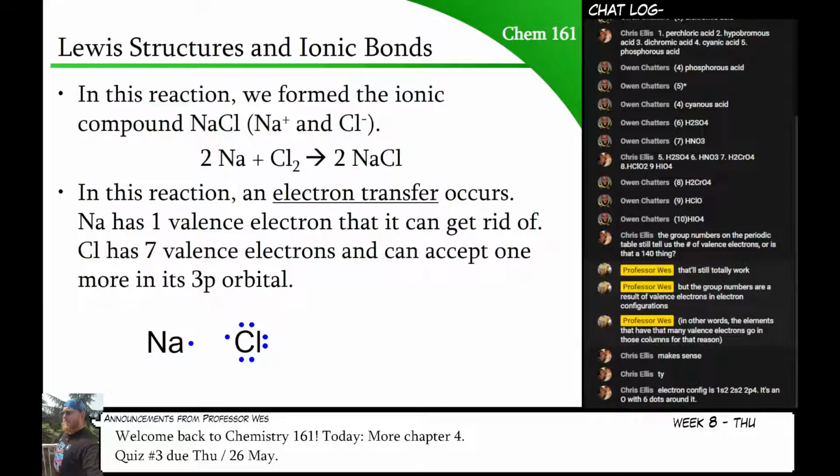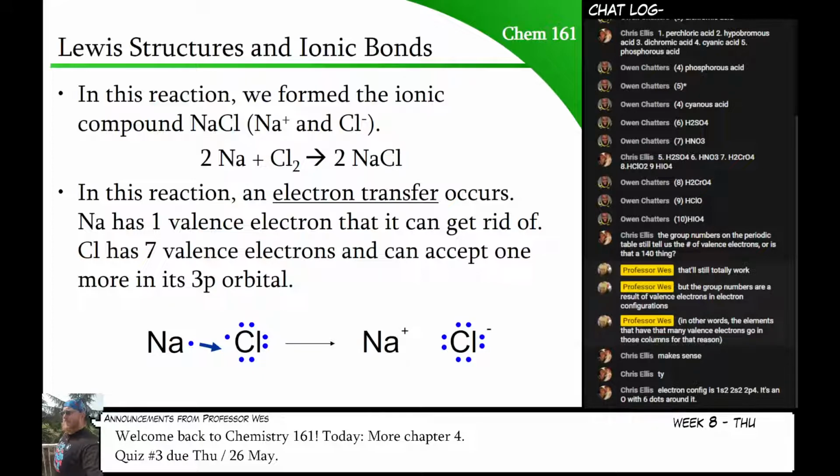And the way that I do this is, I simply move this electron over. Sodium only has one valence electron. It doesn't want it. Chlorine has 7 valence electrons. It would like one more. That would fill chlorine's valence shell. And at the same time, sodium would then have a full n equals 2 valence shell for s and p.